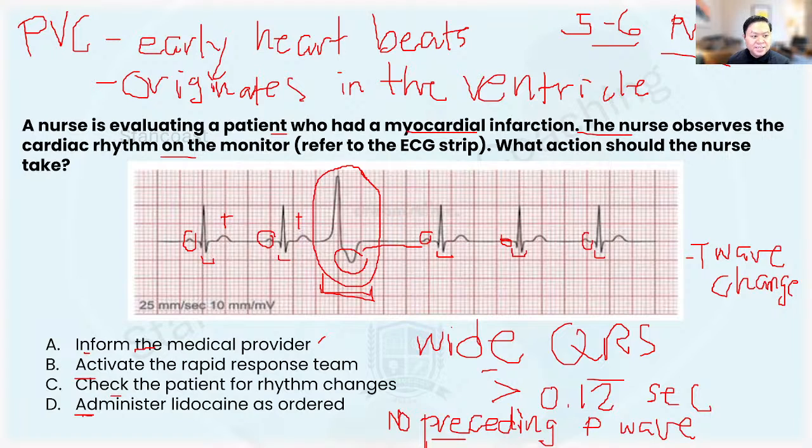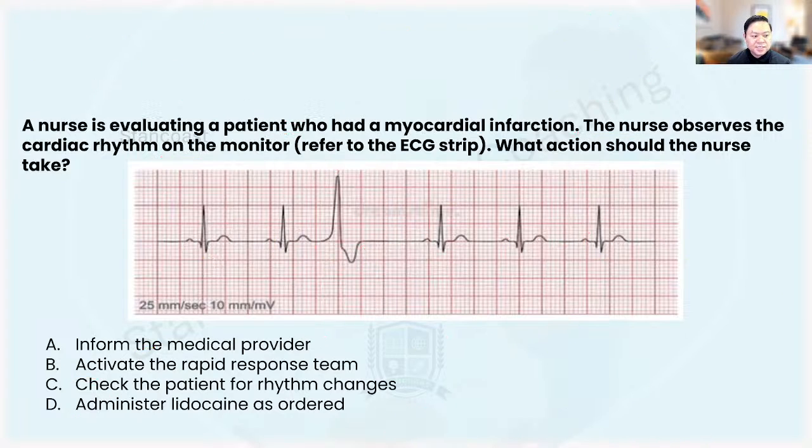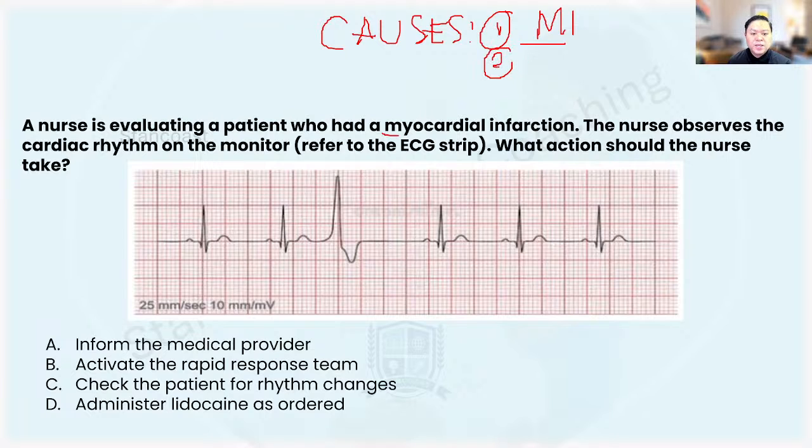Now, let's identify what causes the premature ventricular contractions. Erase. What are the causes of PVCs? Many. There are many of them. So one of the causes here is the MI. Okay, our patient had MI. In some scenarios, this can be caused by an electrolyte imbalance as well.